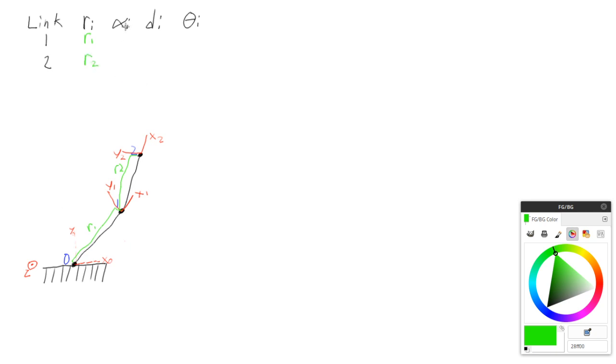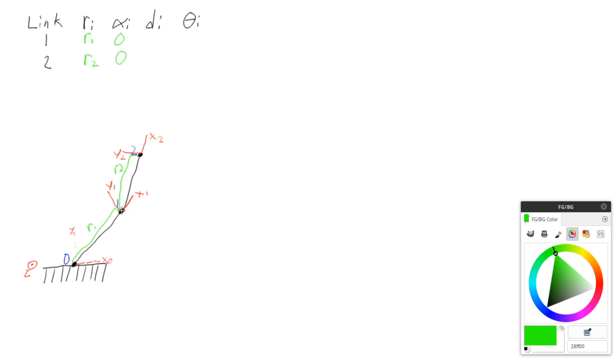And alpha has to do with the angles between the z-axes, in which case all these z-axes are pointing in the same exact direction. So that means that the angle between them is just 0. And this d sub i value has to do with the offset compared to the x-axis.